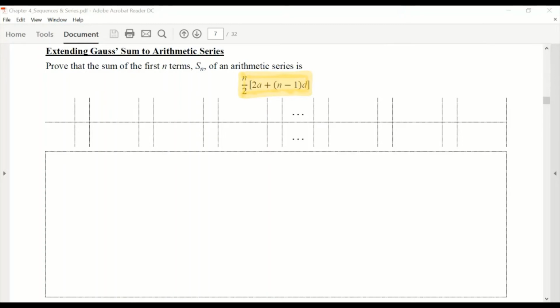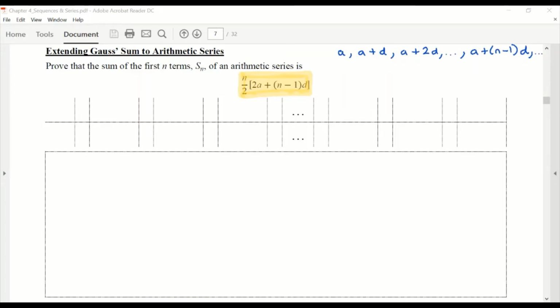So just to remind you what an arithmetic sequence looks like, I'm just going to do it up here. Remember, in an arithmetic sequence, the first term is a, and then we add a common difference each time until we get to a general term, which is, of course, a added to n subtract 1 multiplied by d, and so on and so on.